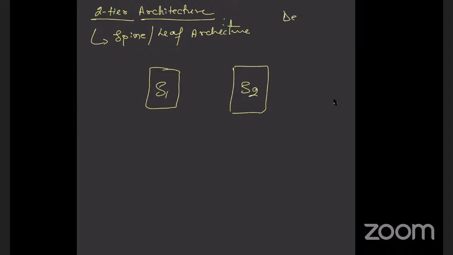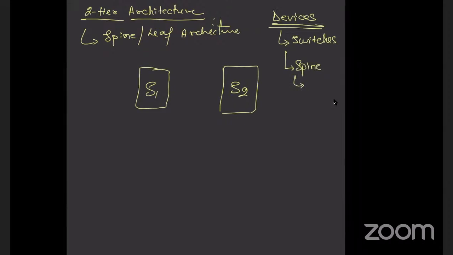So devices in ACI are switches. Related to the spine layer, let me first tell you the models. You will have the NEXUS series.